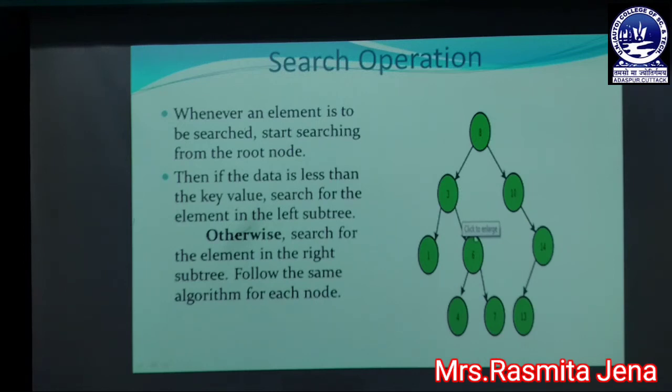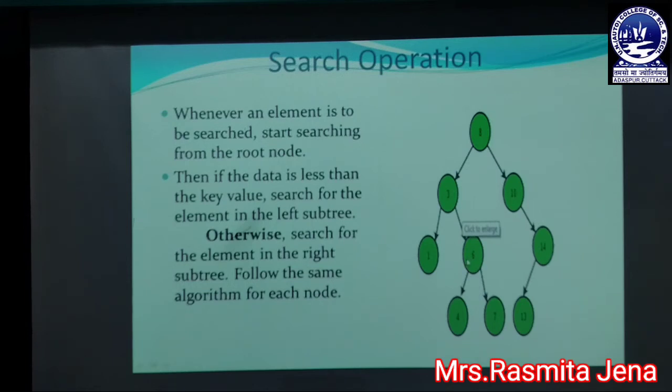Let's see one example. Suppose we want to search for the element 7. First we compare 7 with the root node. As 7 is less than 8, we go to the left subtree of node 8. Then 7 is compared with the next root node of the subtree, that is 3. As it is greater than 3, we go to the right subtree of node 3.